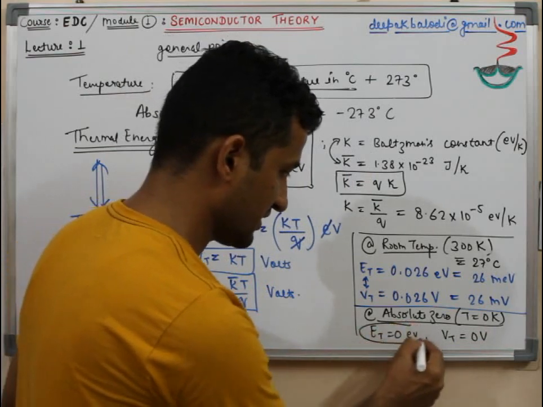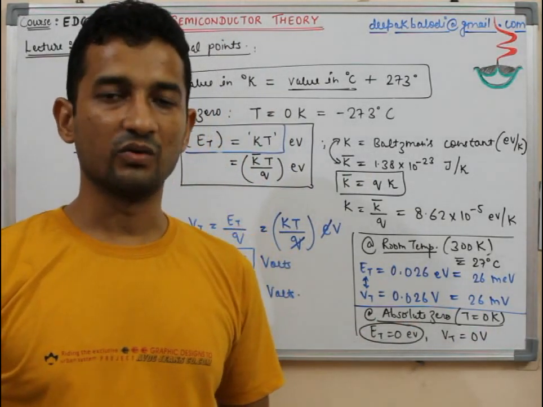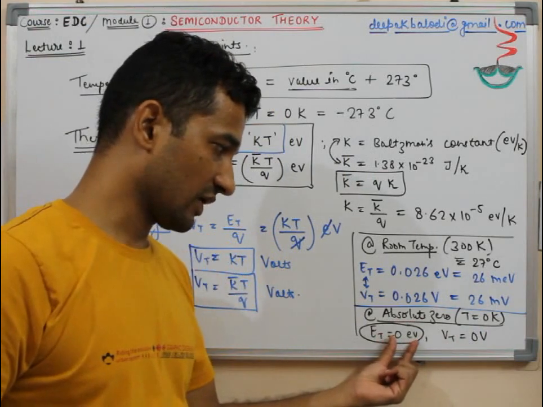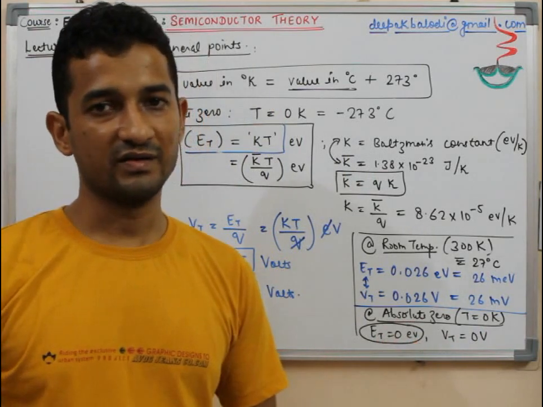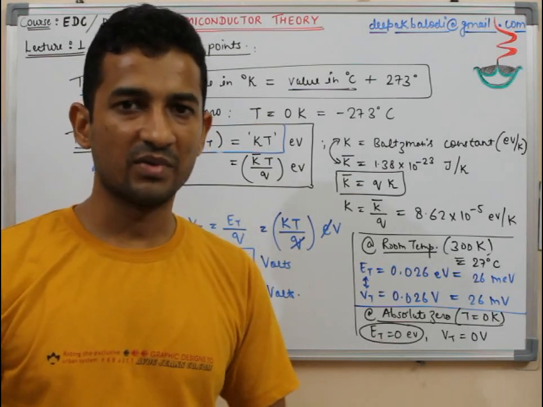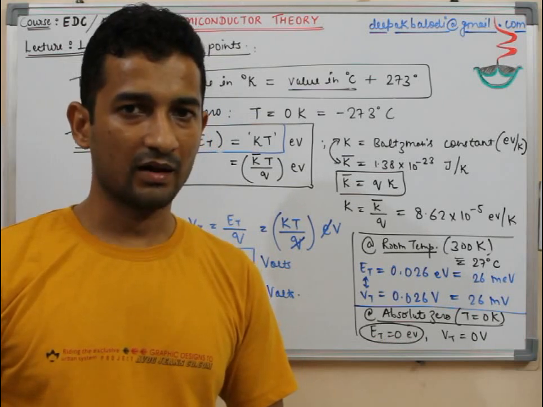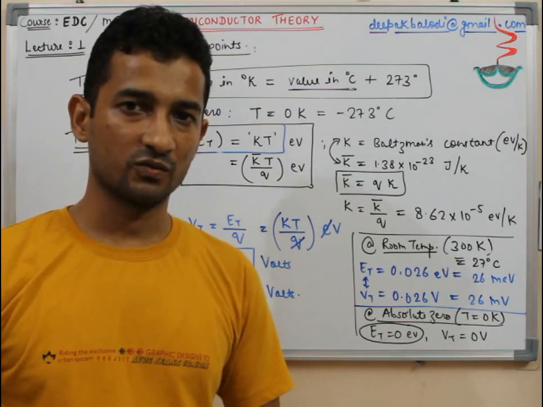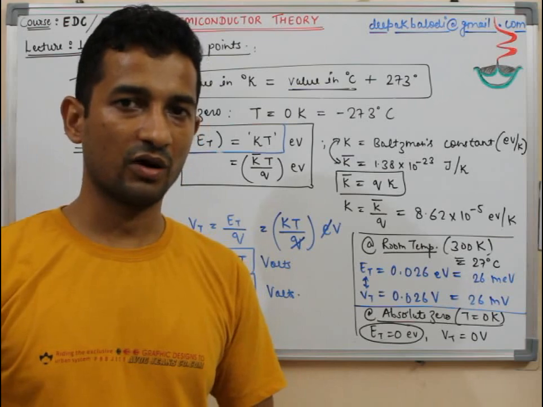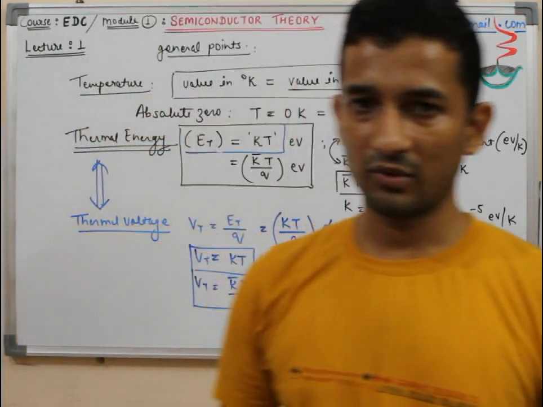So basically, if it is ET, thermal energy is perfectly 0, either in electron volts or the joule system. That means there is no agitation, there is no thermal vibration, there is no energy in any particle or in any atomic structure of this world or in any microelectronic system. So everything at this temperature will hypothetically come to rest.